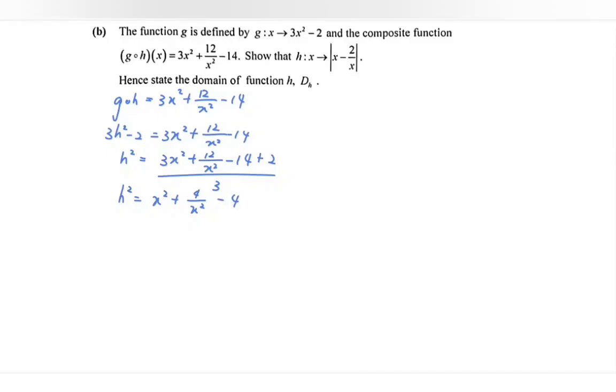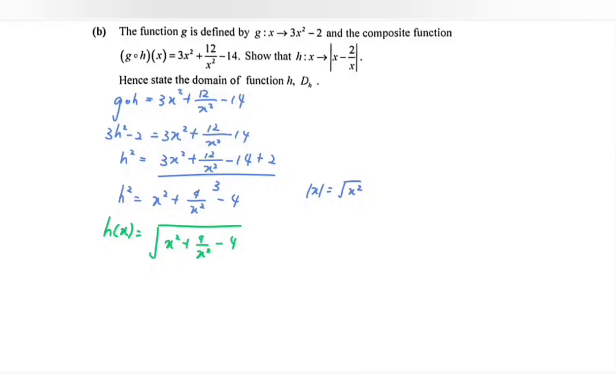So based on the situation given, we notice that the modulus of x actually equals the square root of x squared. So kindly express h of x, where we have the square root of x squared plus 4 over x squared minus 4.